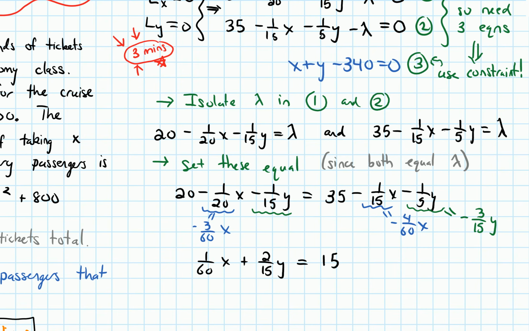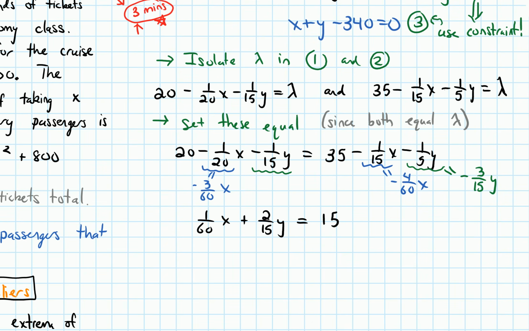So what else can we do? Remember, we also have the third equation in our system. So let's see if we can use that. And there's a few different ways that I could use that, but one thing I could do is substitute. So I could substitute x plus y equals 340, my constraint equation, into what I have.